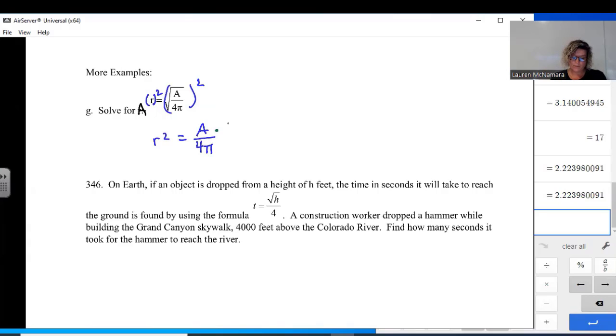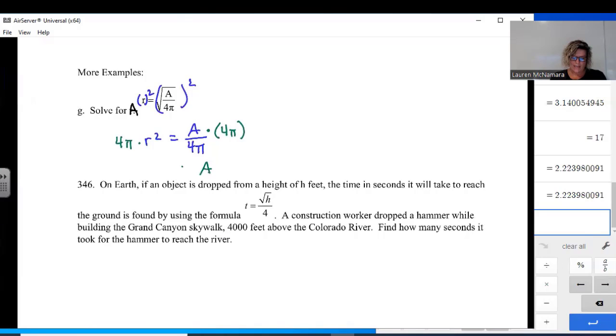Multiplication. So I'm going to multiply by 4 pi, which means I multiply this side by 4 pi. So then I have A is equal to 4 pi R squared. So that's solving that equation for A.